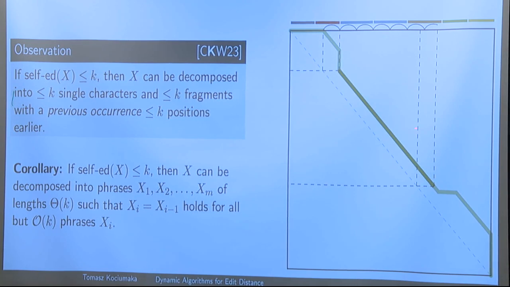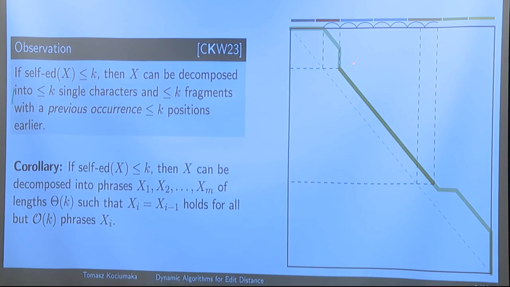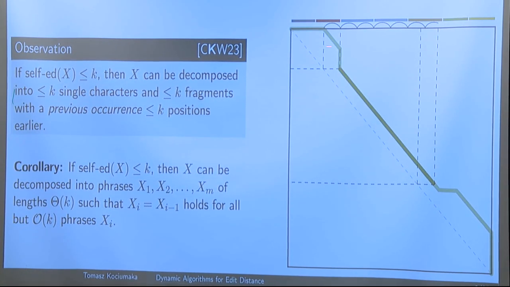And these are the phrases corresponding to places where some edit happens in the self-alignment. Whenever no edit happens, either it's just a short previous fragment, which is still one phrase anyway, or it's a very long periodic one. But if it's a very long periodic one, we can decompose it into copies of the same phrase.